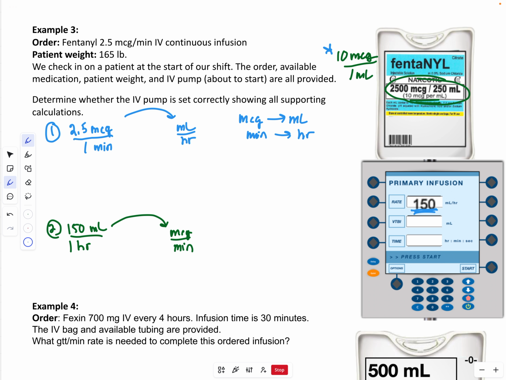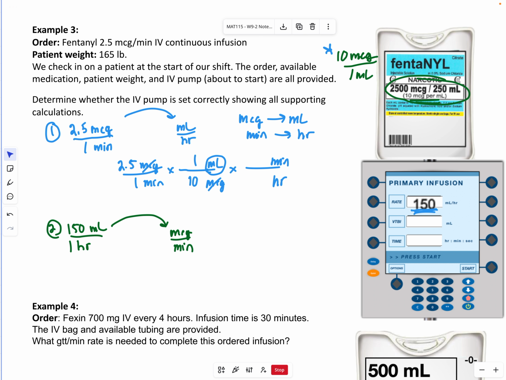So if I started my dimensional analysis with the order, and I wanted to turn the order into mLs per hour, I can turn micrograms to milliliters using 10 micrograms per mL. That looks good, right? Because there are 10 micrograms in each milliliter. And now I can turn minutes into hours using my understanding of time.